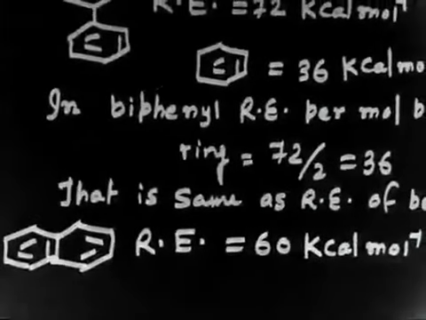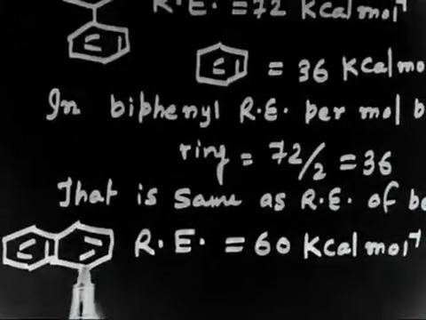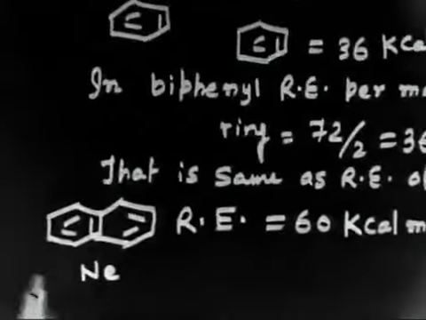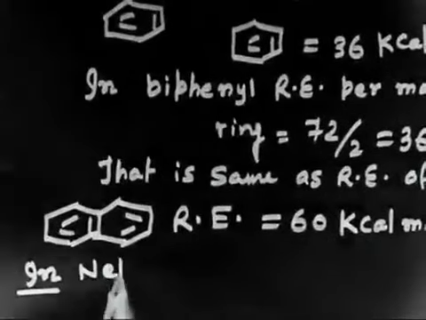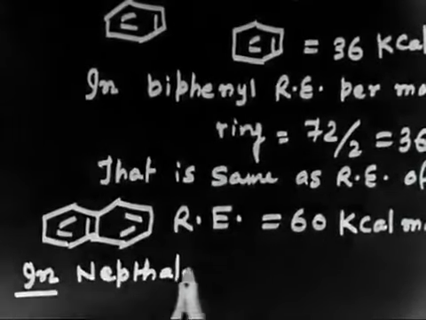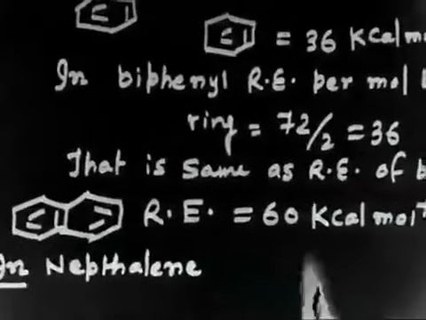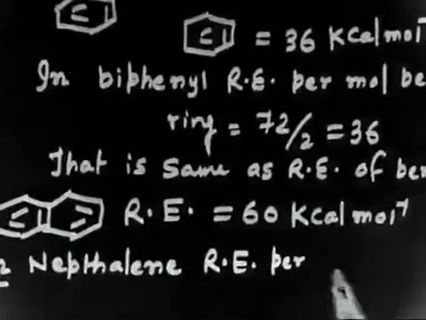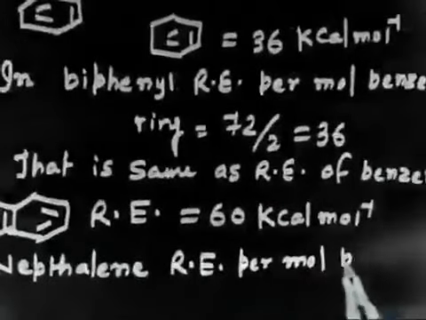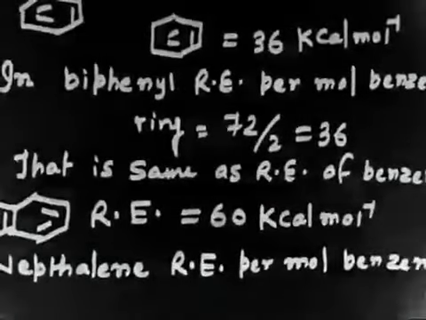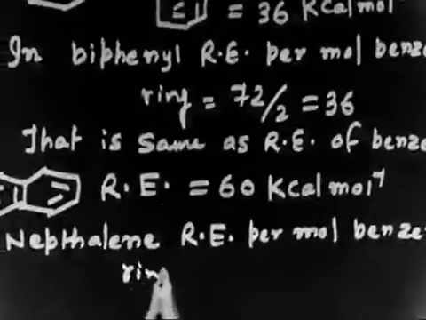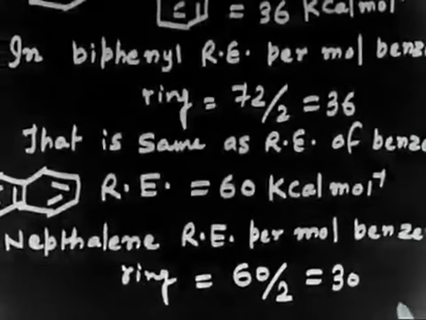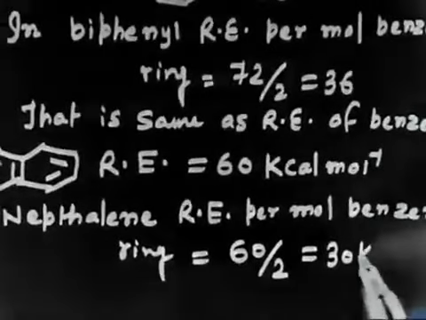In naphthalene also you have 2 benzene rings, so the resonance energy per mole of benzene ring is 60 divided by 2, that is 30 kilocalorie per mole.